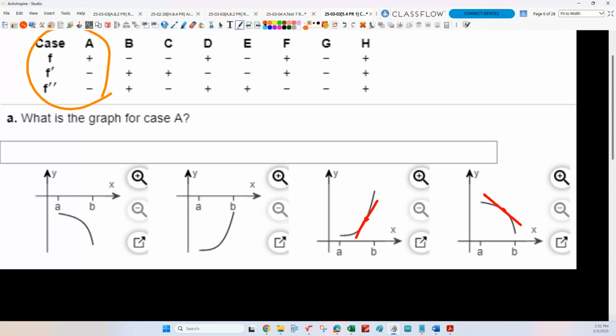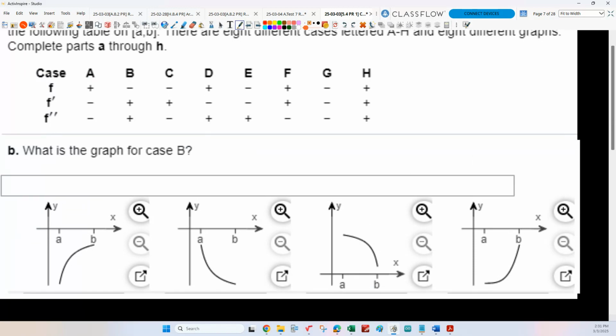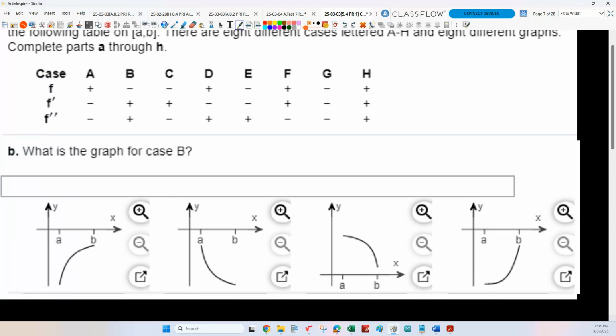All right, so what about case B? So now we're looking at this guy. Go.